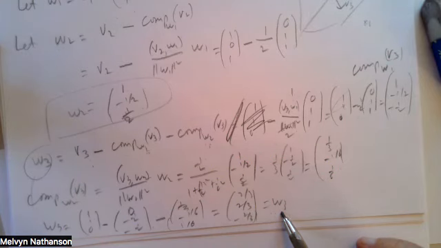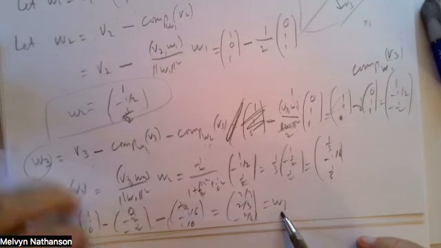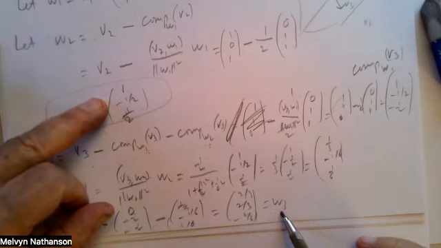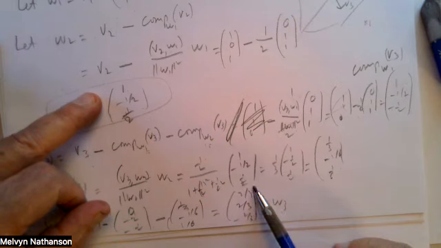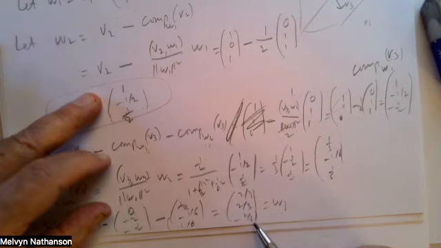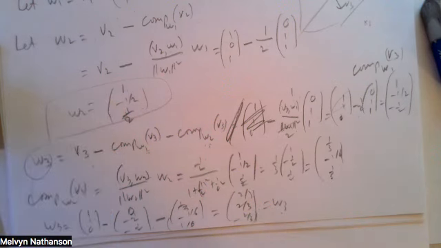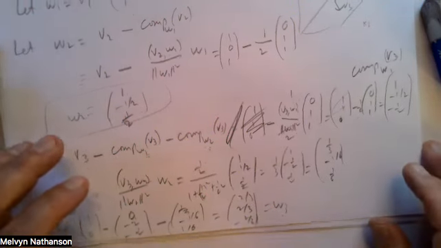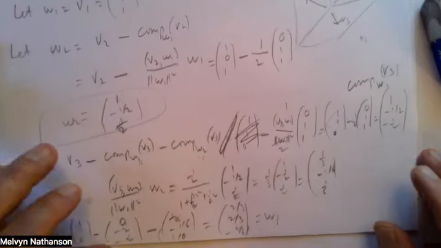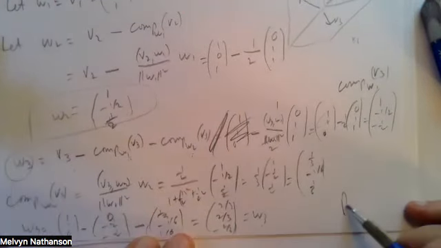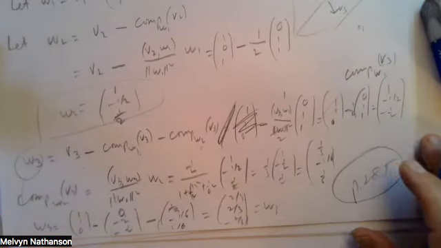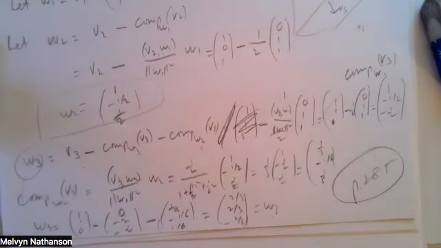If you look at W2, 1 minus a half, a half of this, these are perpendicular. So I have constructed an orthogonal set of vectors, and you'll see all the details legibly and correctly done on page 285.